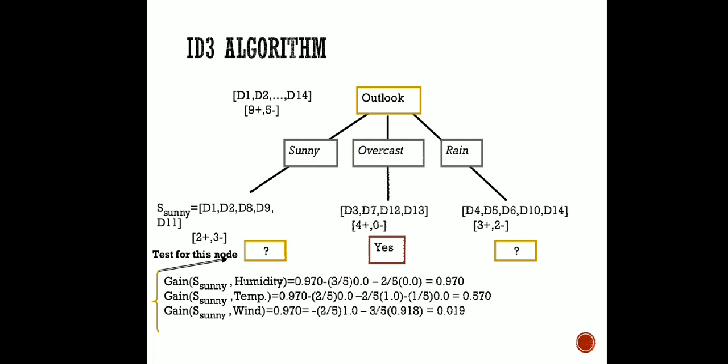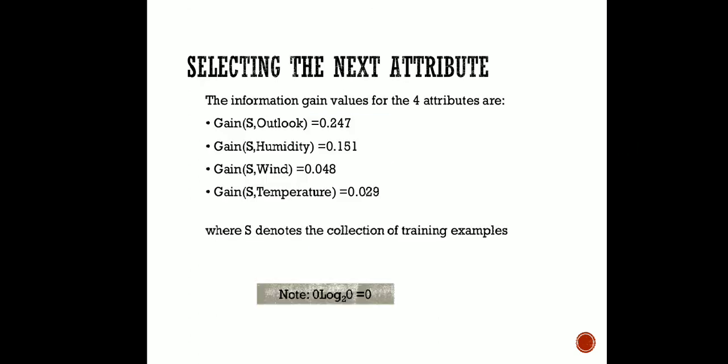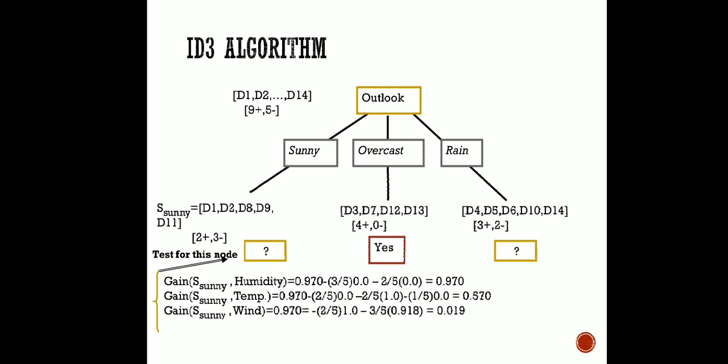We have seen in our example that the entropy of sunny is 0.971, remember it. And humidity can be high or it can be normal.